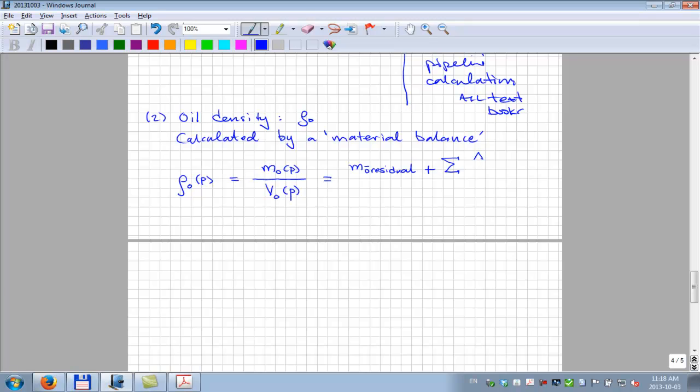So basically the gas volumes expressed as a surface gas volume, that would be the same as the moles, if you will.